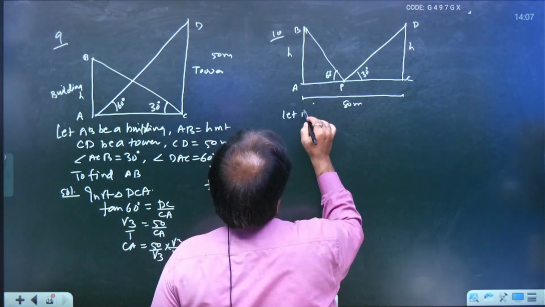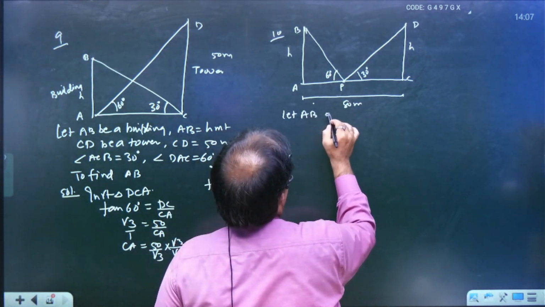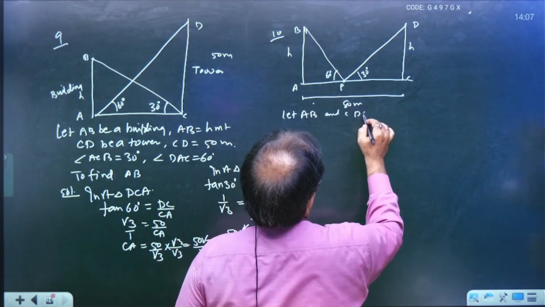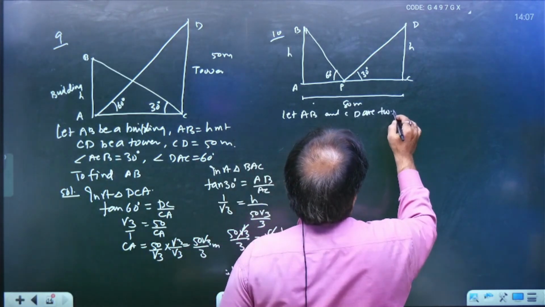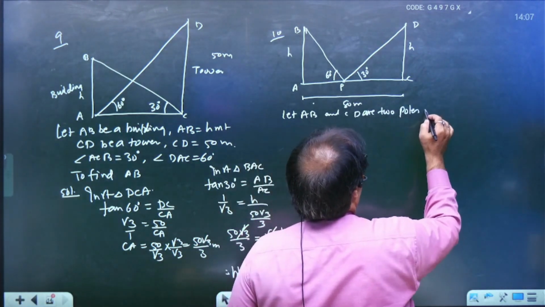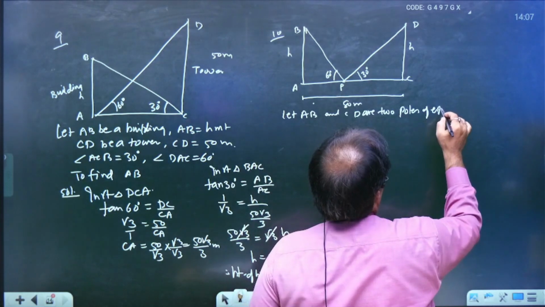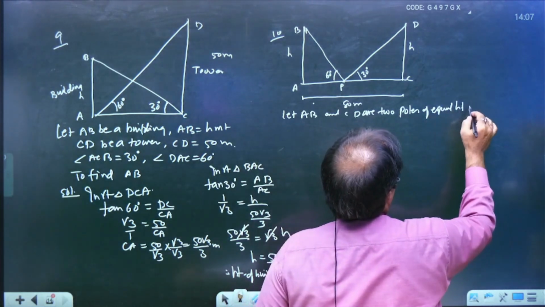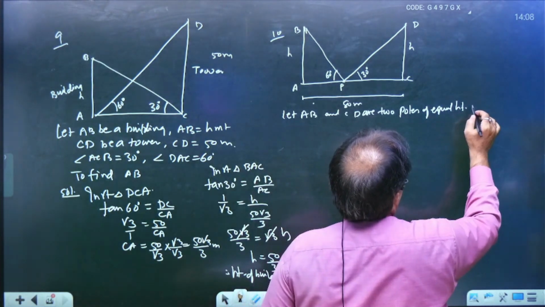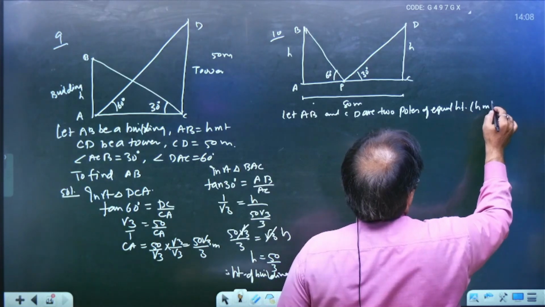Let AB and CD be two poles of equal height, say h meters.